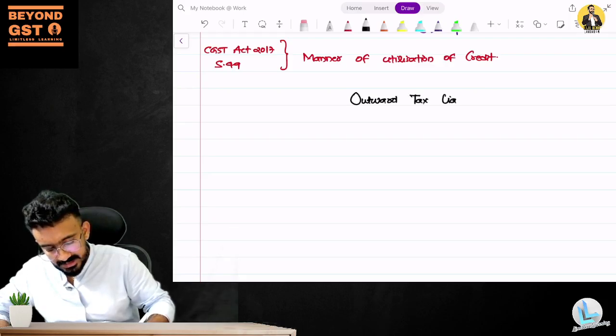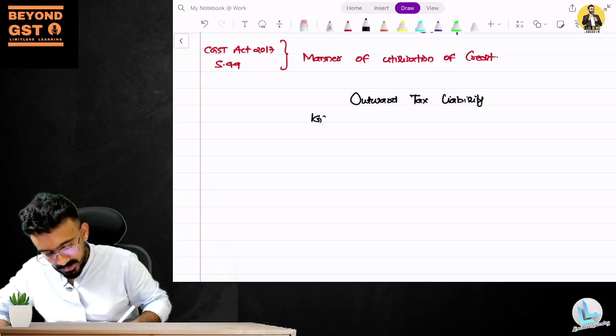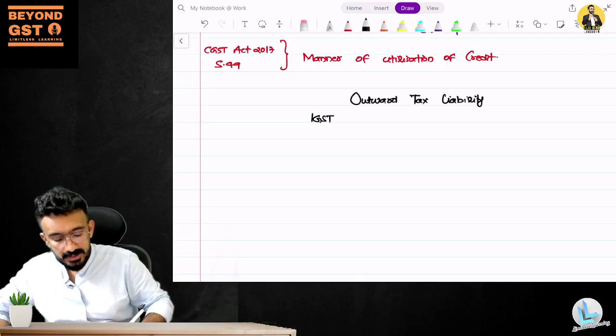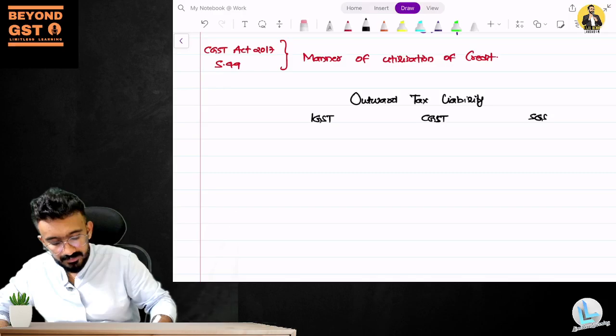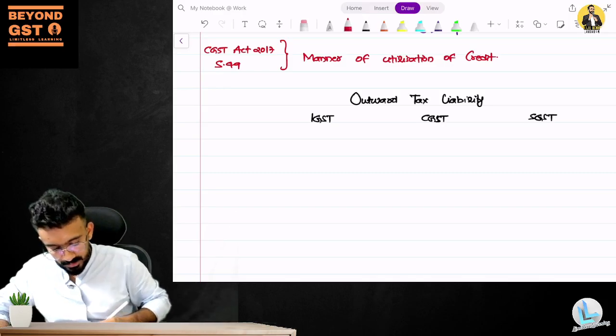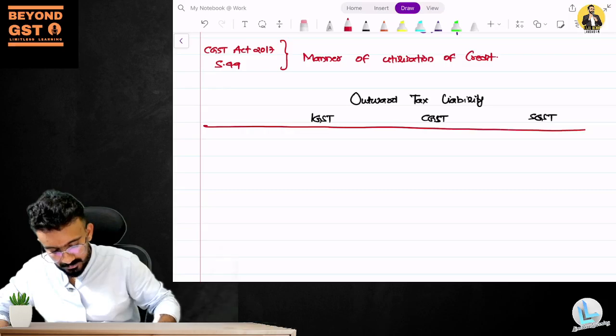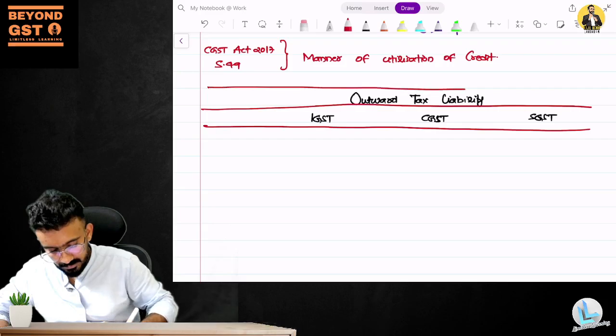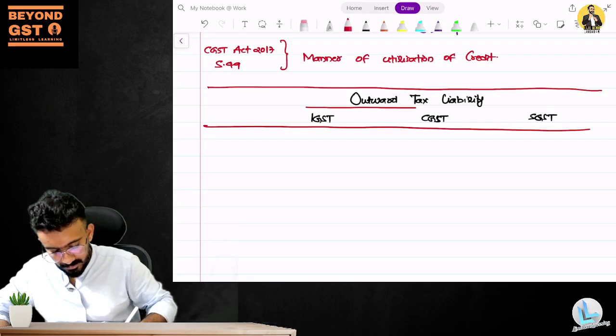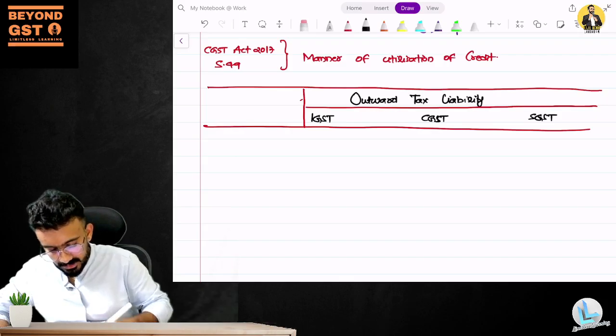Your outward tax liability can be of three types: IGST, CGST, and SGST. And you can have input tax credit of three types.